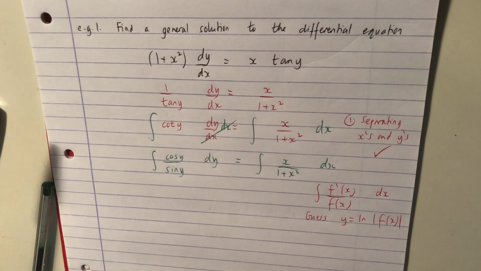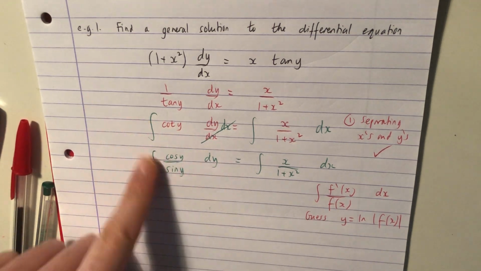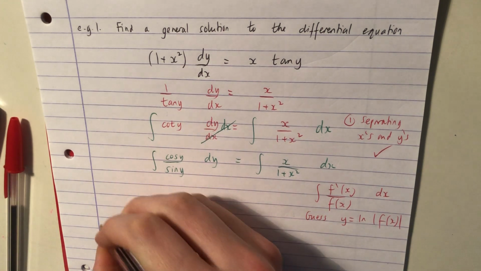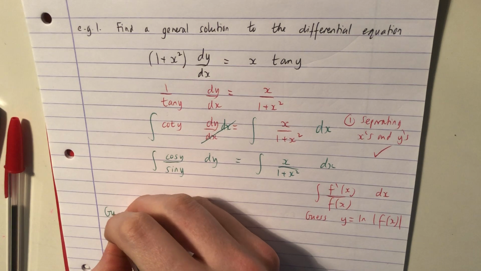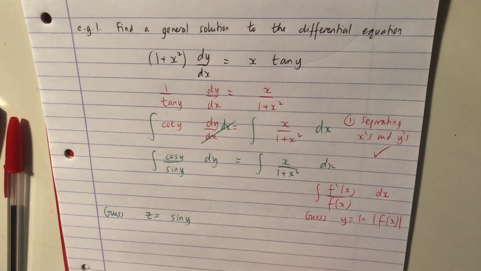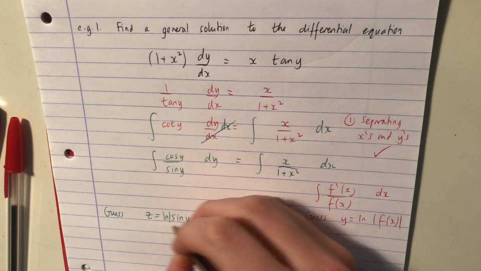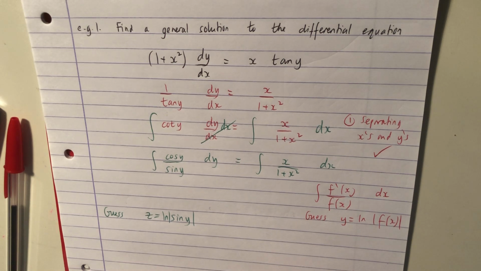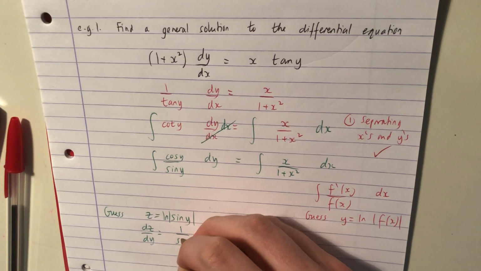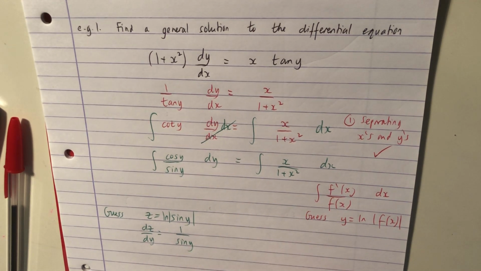Okay, so let's try the guess for this side. I'm going to use a different letter to y for this. I'll use just z. So we're going to guess z equals ln sine y. See how bad this guess is going to be. dz by dy would be 1 over, but then you've got to times by sine y differentiated.